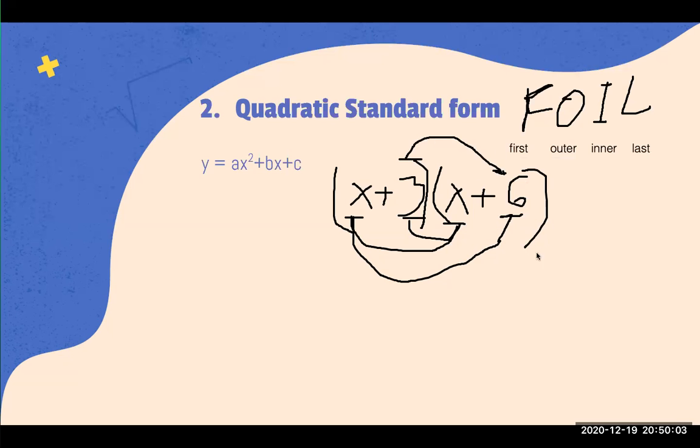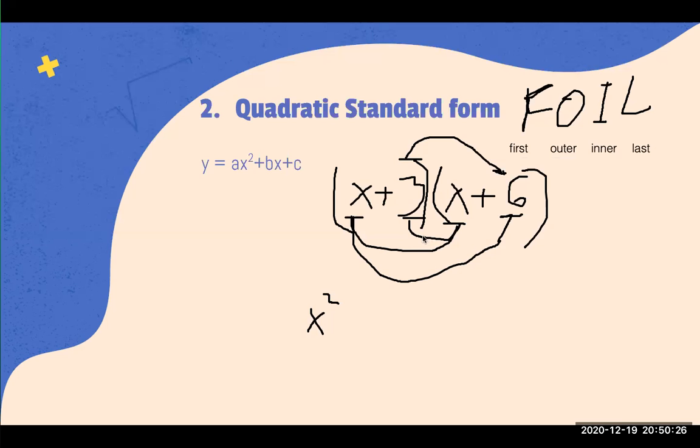So now, as you can guess, we just multiply these according to first, outer, inner, and last. We have to keep this as a separate term for each of them, okay? So x times x is x squared. If you can remember, two exponents, that's what x squared is.